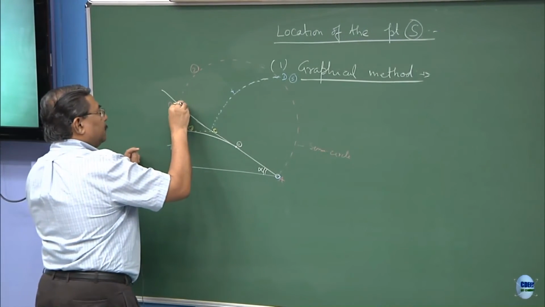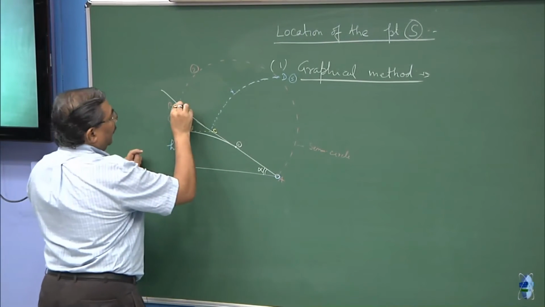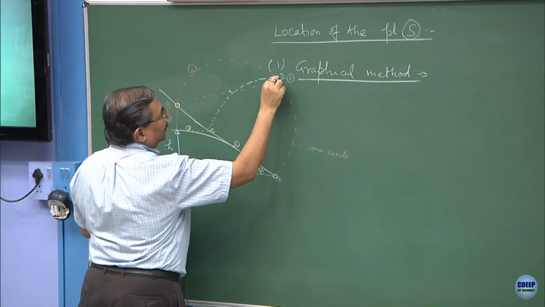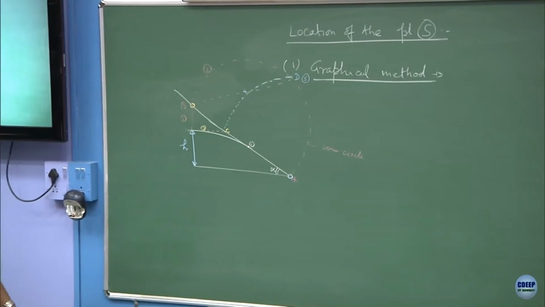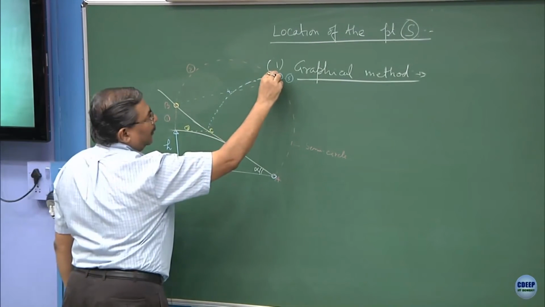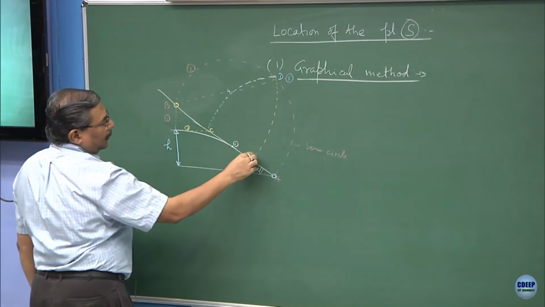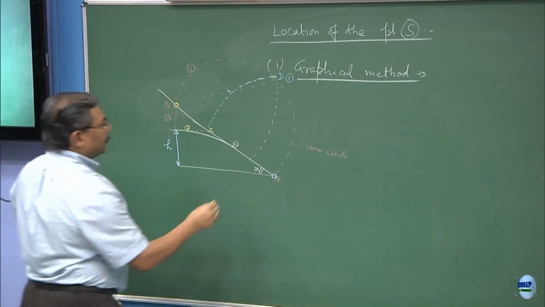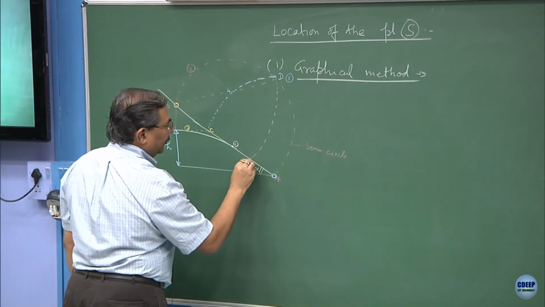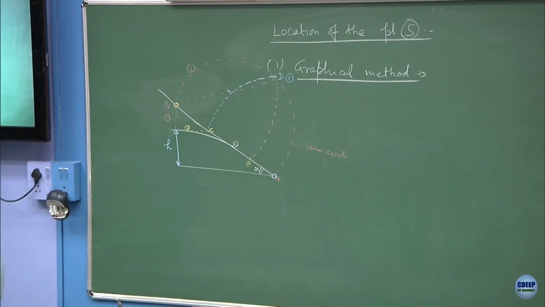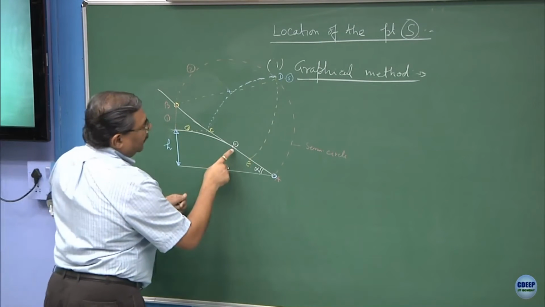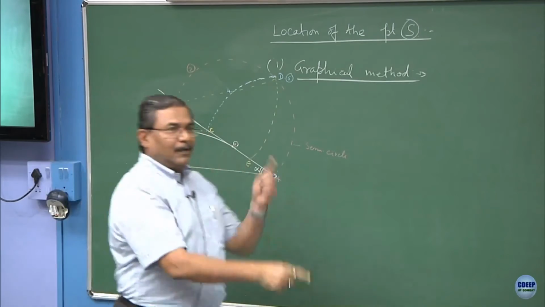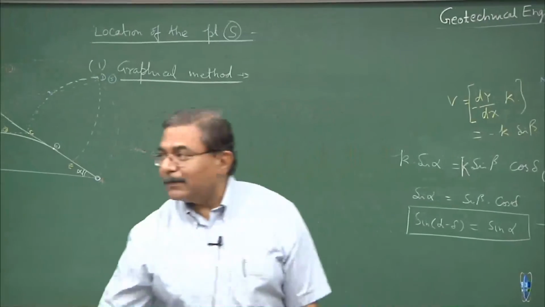Keeping center as B and taking BD as the radius, draw another arc and let it cut over here. So, this becomes your point E. It so happens that this is the point S; the way I have drawn has to be corrected.